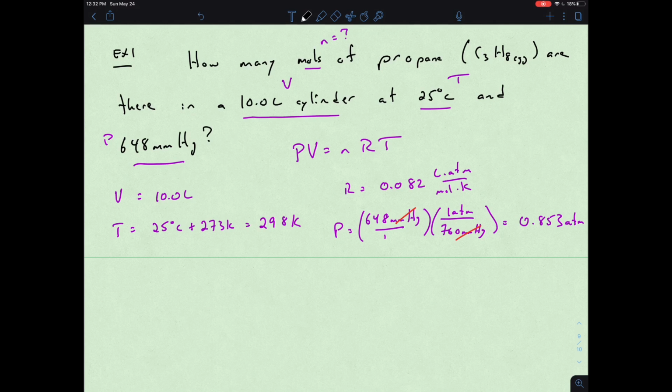So we have our pressure of 0.853 atmospheres. We have our volume of 10 liters. We're solving for moles.